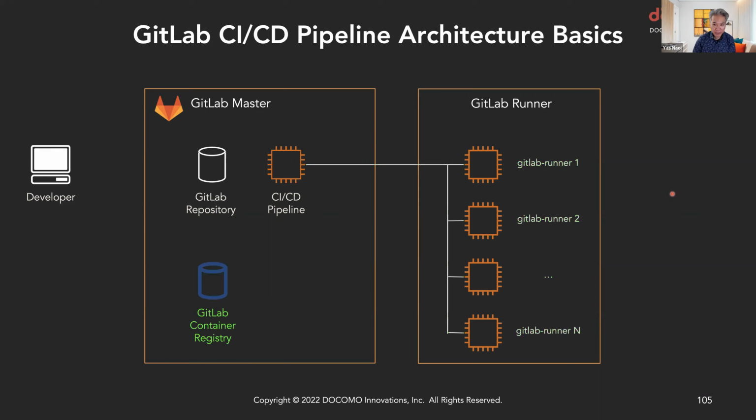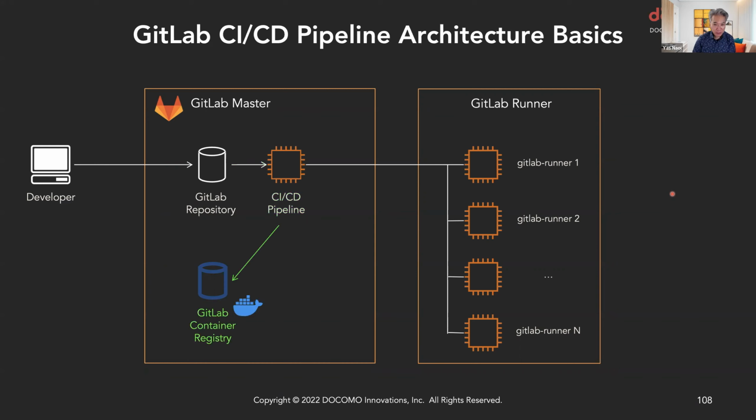Also, GitLab has its own container registry like Docker Hub. So when a developer pushes code to the GitLab repository, the GitLab CI/CD pipeline detects the repository state and the event that the source was pushed, for example.